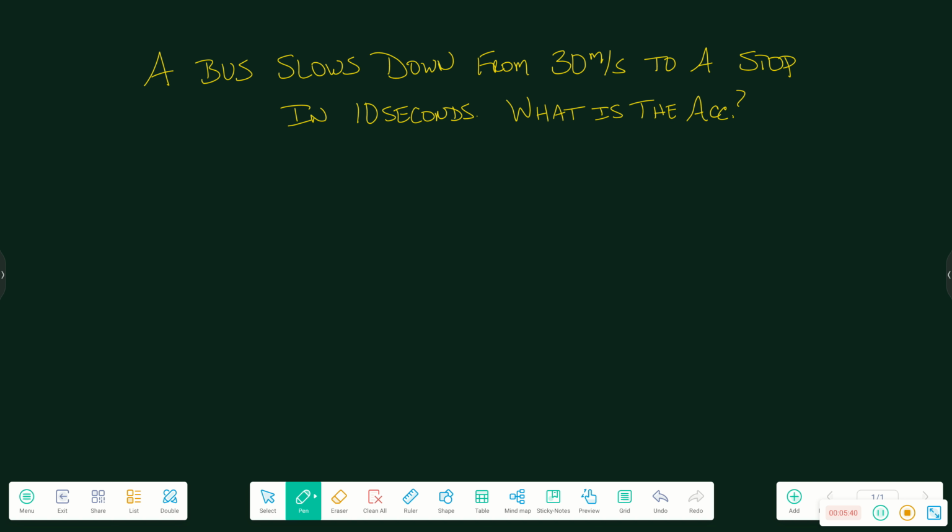All right. So again, let's draw our diagram. Now we're dealing with a bus, so this is going to be a little bit longer and a little bit more square. Yay! God, I am such a terrible artist. Okay, so this is moving at 30 meters per second.